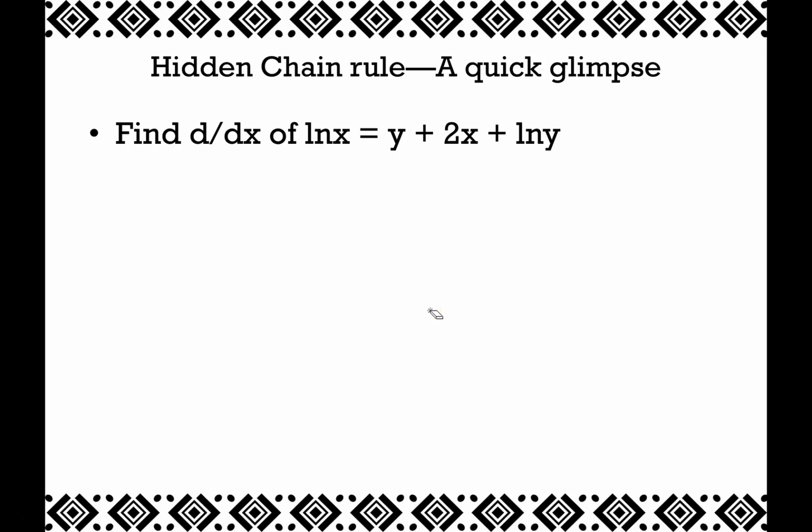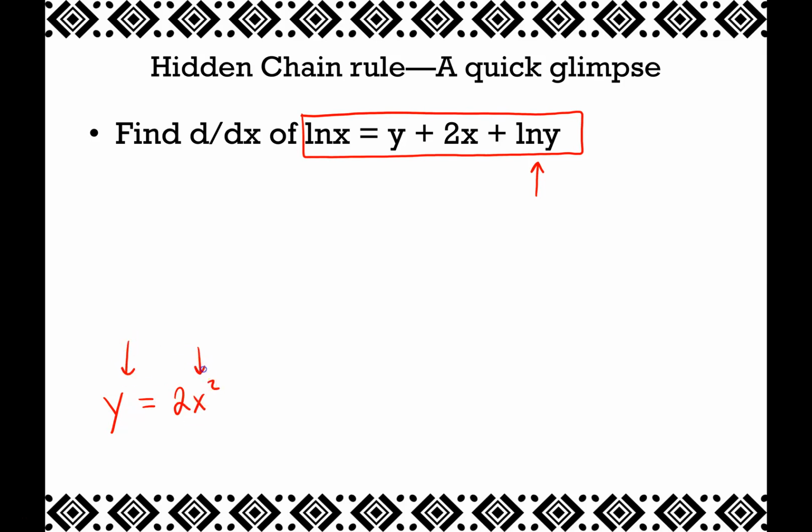So first of all, have I ever asked you to find the derivative of something like this? Well, the answer is no. Look at how there's x's and y's in the equation, especially this ln y right here. You might say, hey, Ms. Sorensen, we've done something like y equals 2x squared, and there's a y here and an x here, and you're totally right.